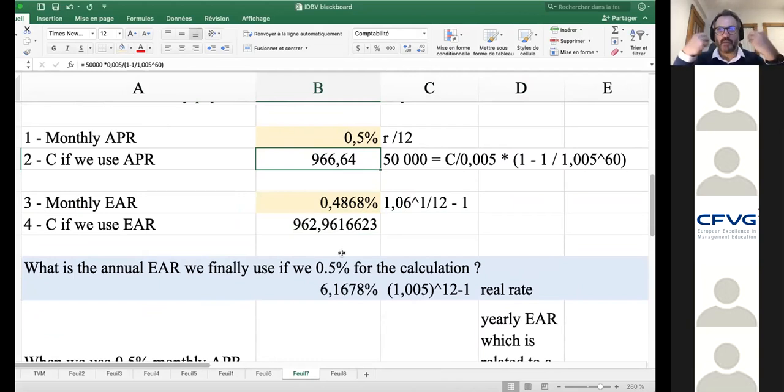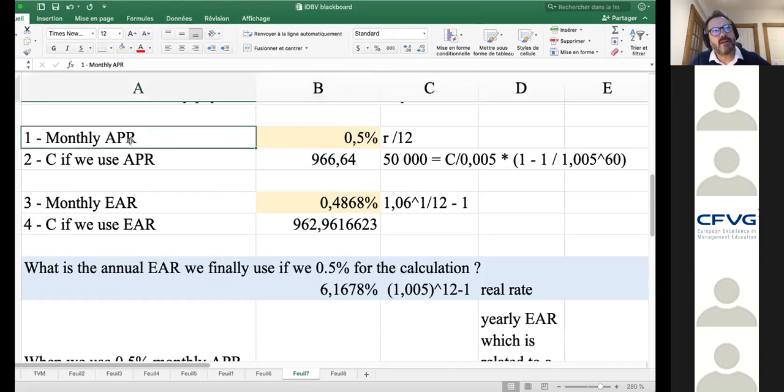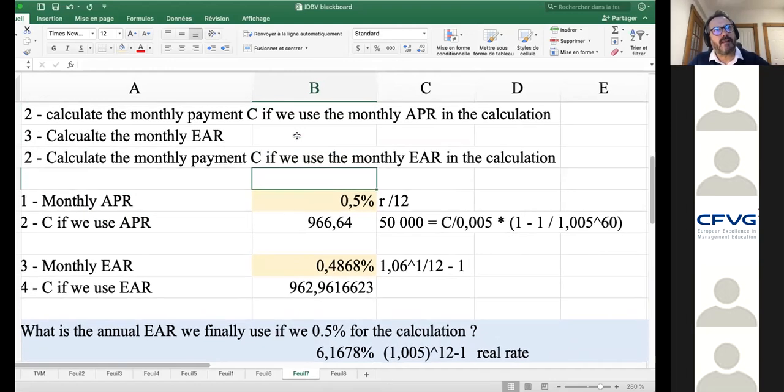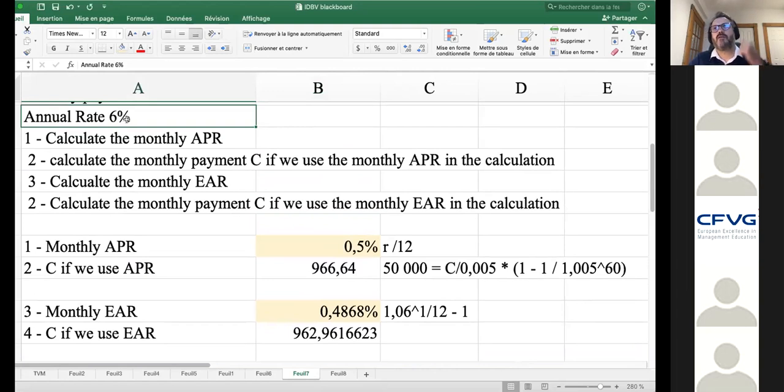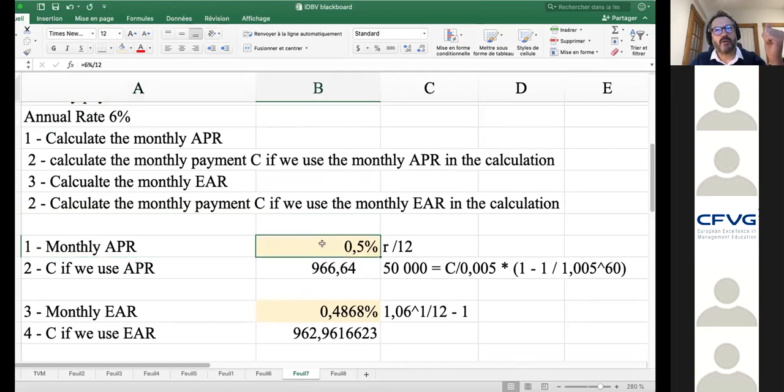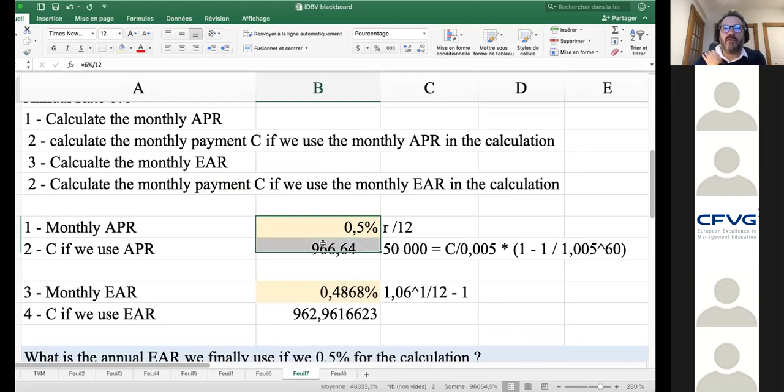The problem is, and this is why it's tricky, and I hope you understand, in real life, what the banks are doing is that they are using this method, 1+2. You are provided an annual rate, which is supposed to be said to be an APR, 6%. Okay, you have to use it to calculate the monthly rate by dividing by 12 here, and then you use the rate in your formula.